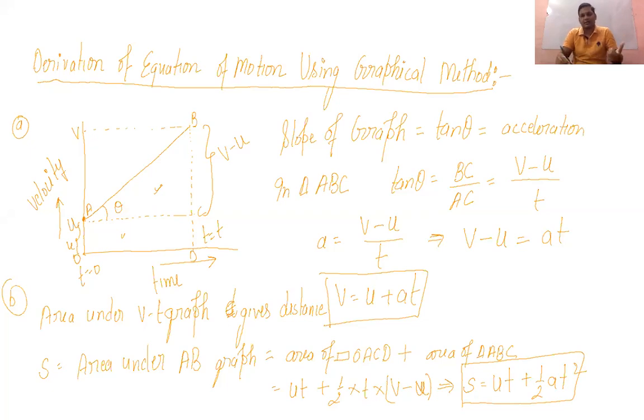Okay, coming to the next one. How can we do the next one? Once again you are willing to calculate the area, but this time you will put the value of t from this equation. So t will be v minus u upon a, isn't it?